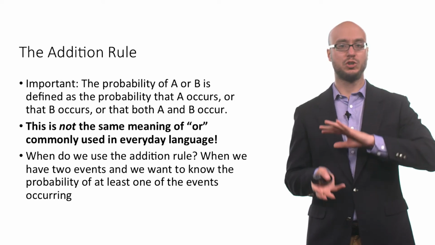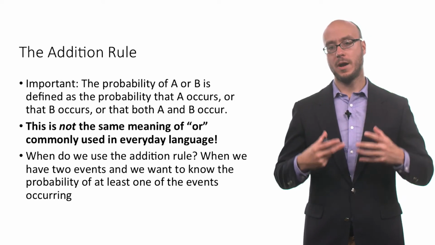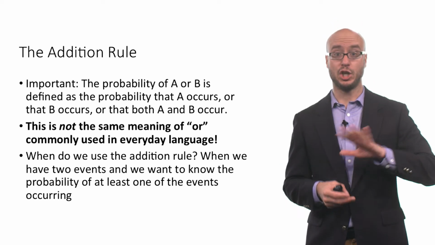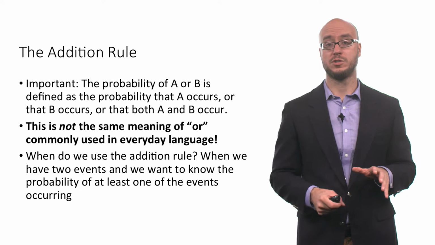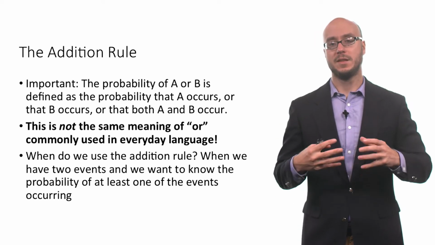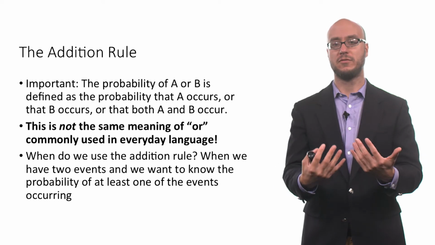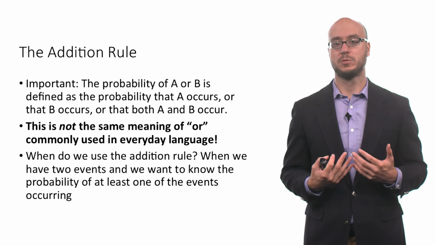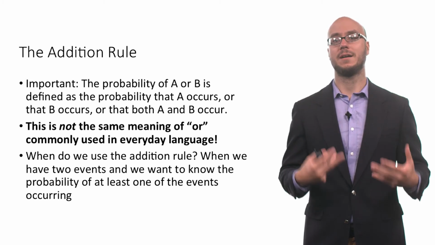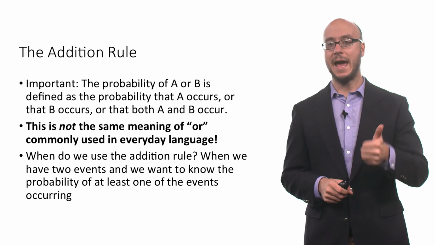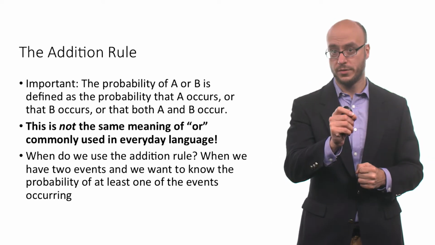Implicit in that is that you're doing one or the other. In the language of logic or probability, we're saying you can go to the gym, you can go to the grocery store, or you could do both. People don't use or that way, but because probability is derived from logic, we use or based on the rules of logic. So when you hear or in the context of probabilities, it means A, B, or both.